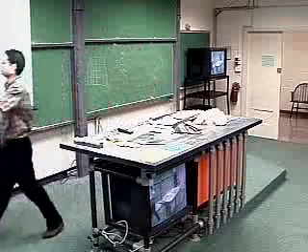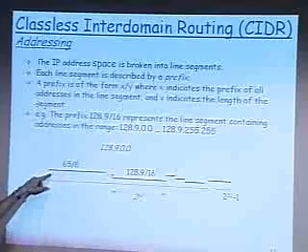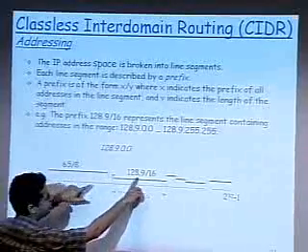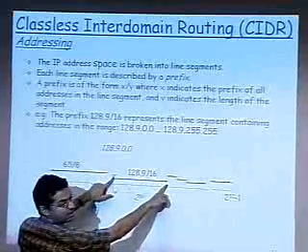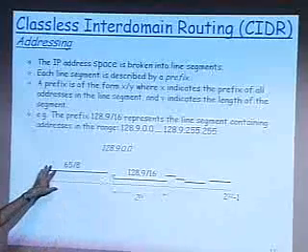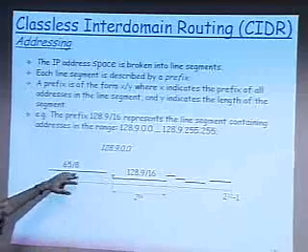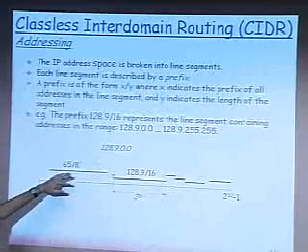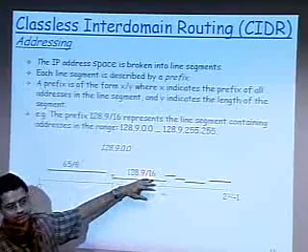So 65/8 is going to be longer on this line than 128.9/16, because here you have 24 bits to play with. So 2 raised to 24 addresses fall under this line segment, whereas here it's only 2 raised to 16.